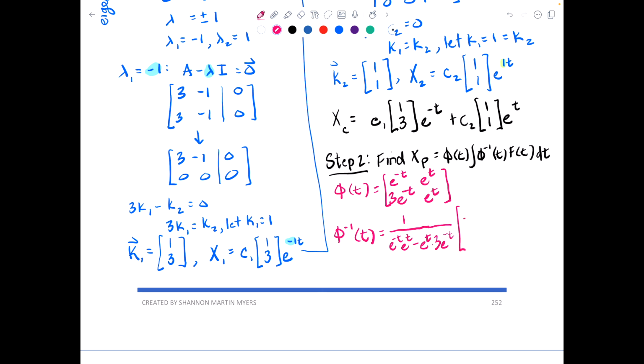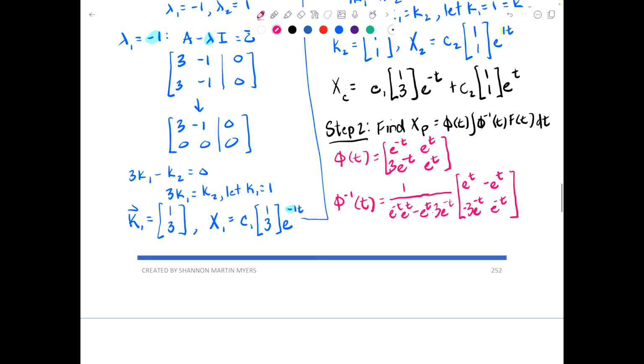We'll switch the main diagonal entries, so e to the positive t will be on the top left, e to the negative t bottom right, and then we change the coefficient signs on the other two. So we'll have a negative e to the t and then a negative 3e to the negative t. Groovy? Almost there.